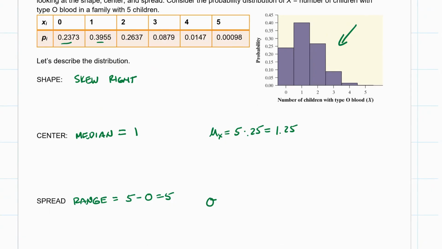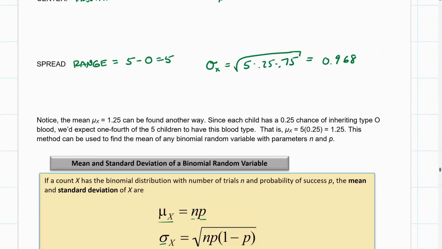The standard deviation is the square root of 5 times 0.25 times 0.75. And if you throw that into the calculator, you get that the standard deviation is 0.968.